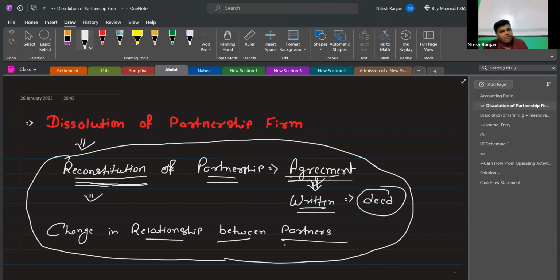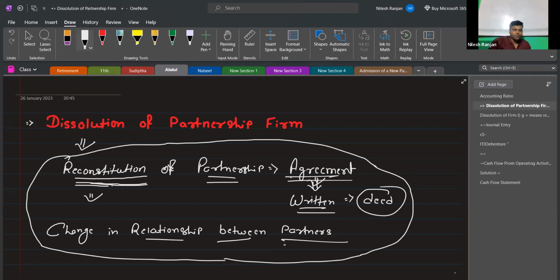Can you tell me how partners are related in a partnership firm? What is the relation between partners? Profit sharing ratio, yes. So if we change the profit sharing ratio in a partnership firm, then it is called change in relationship between partners, and it is also called reconstitution of partnership.